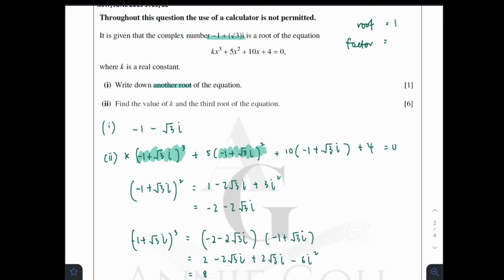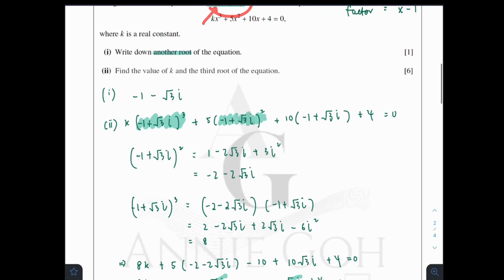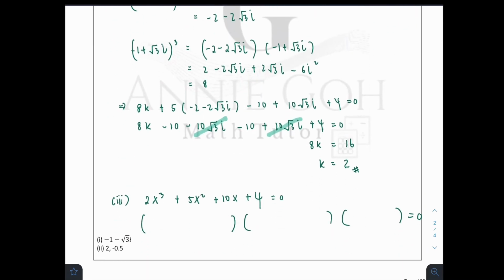The factor is x minus 1. So now we know that the root is a complex root, so it works the same way. The factor is x minus this root. So the factor is x minus (-1 plus square root 3i).